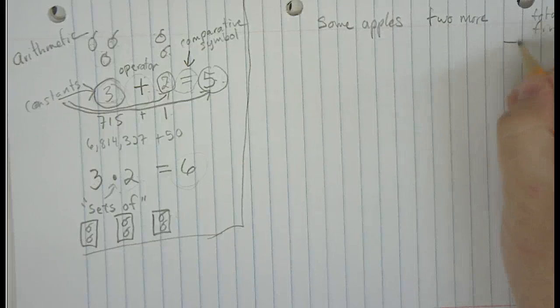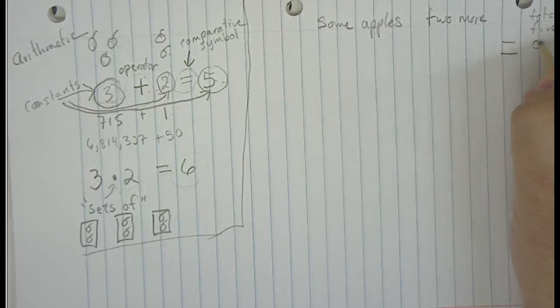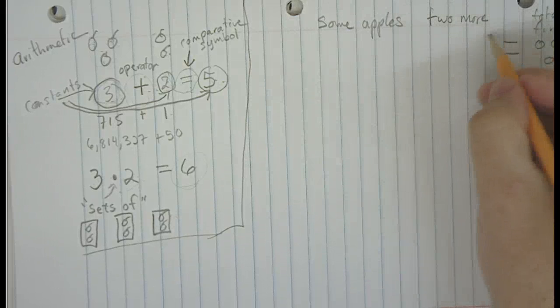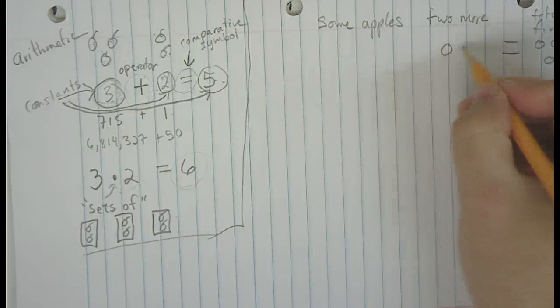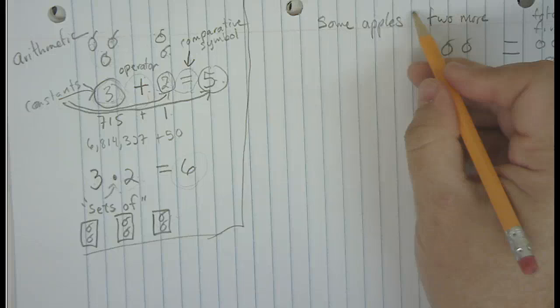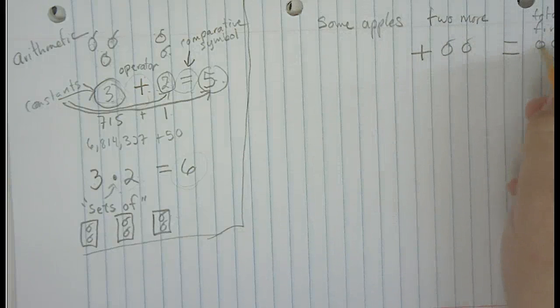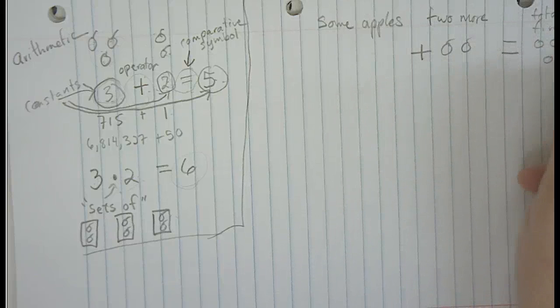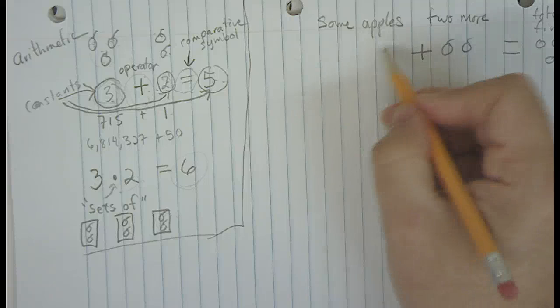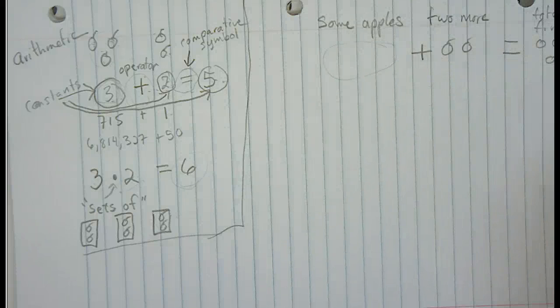So after the operation, we had 5 apples, right? And what we know is that we added in 2 apples. What we don't know is where we started, but we know that they were added, right? So this is what we know: the total ended up 5, that 2 were added, and we don't know where we started from.